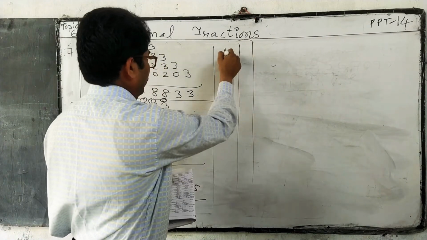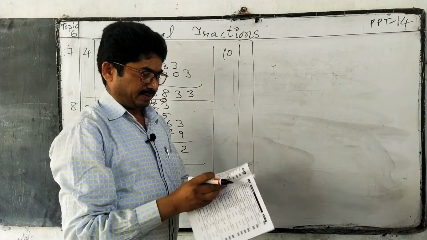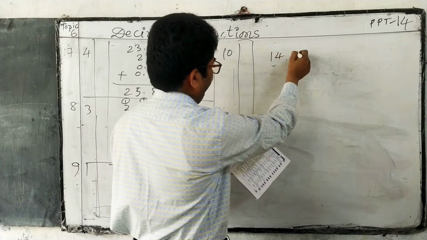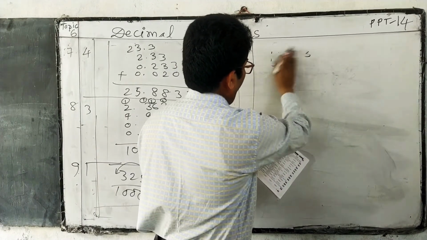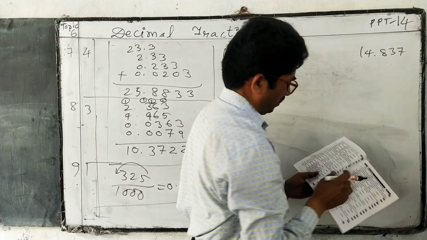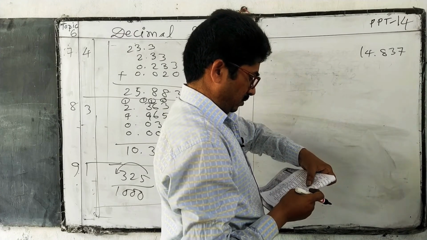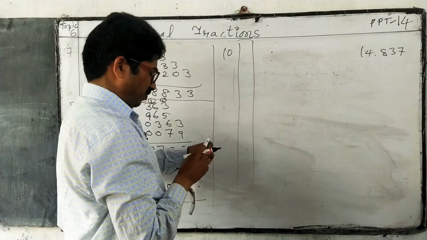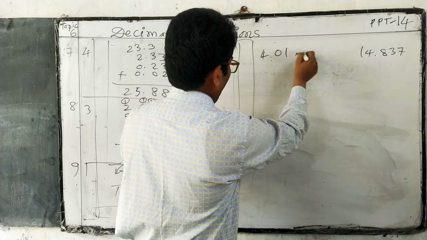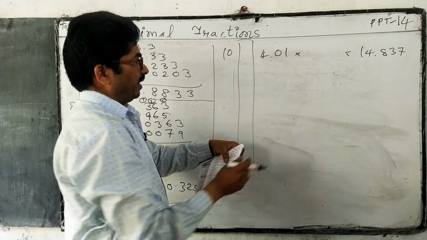Next, 10th problem. The product of two decimal numbers is 14.837. If one of them is 4.01, which is the other decimal number?